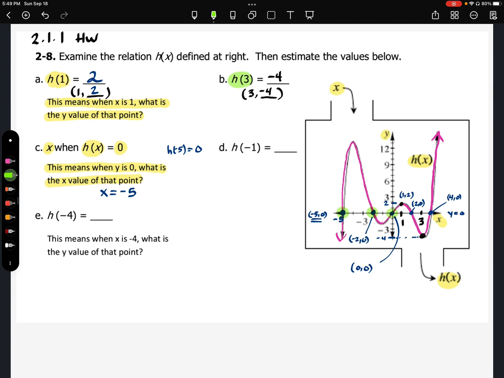We could say this one, this one, this one, and that one. So we have -5, we've got -2, we have 0, we have 2, and we have 4. And those would be our answers for that one.